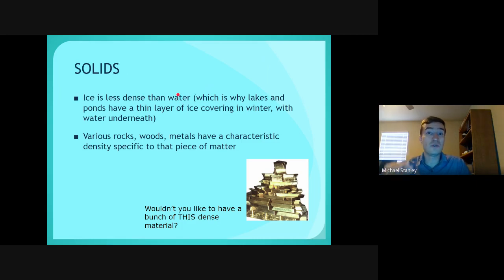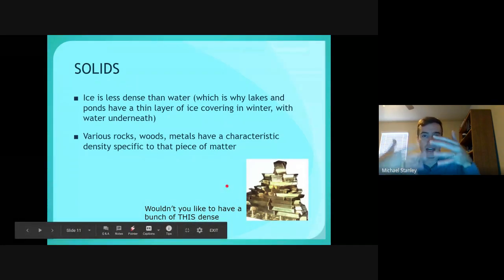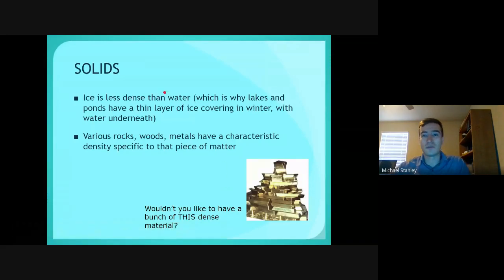It's one of the few substances in nature that becomes less dense when it is a solid versus a liquid. We're not going to get super into why. It has to do with the way the ice crystals form when the H2O molecules bond up with each other. But because of this, ice floats on water.